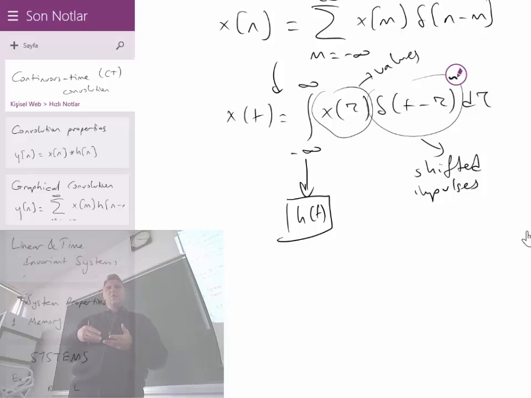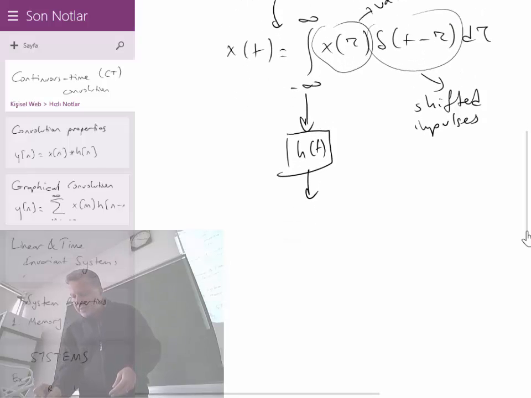If delta t minus tau goes into the system, what is the response? h of t minus tau. The impulse response will be shifted by tau. So for every delta t minus tau, the output will be h of t minus tau.